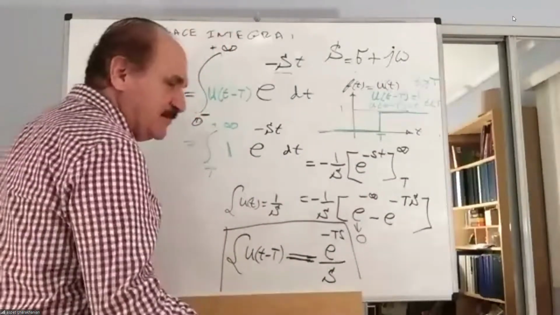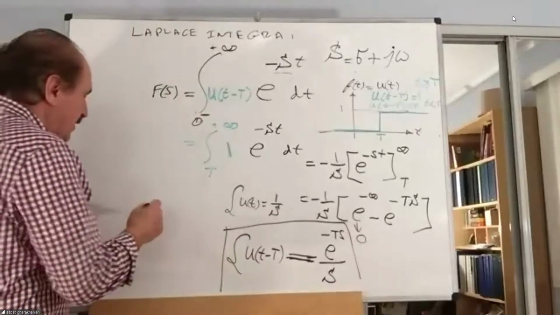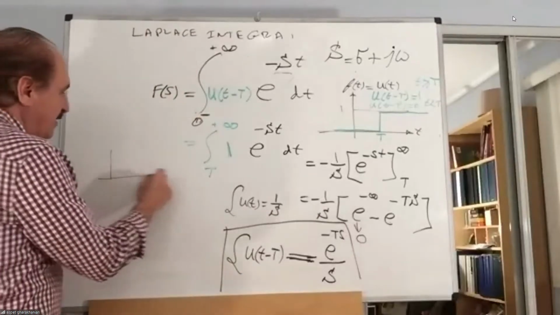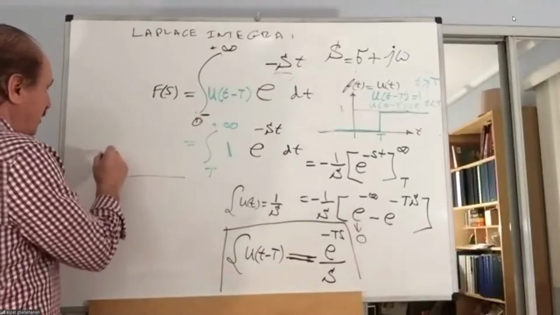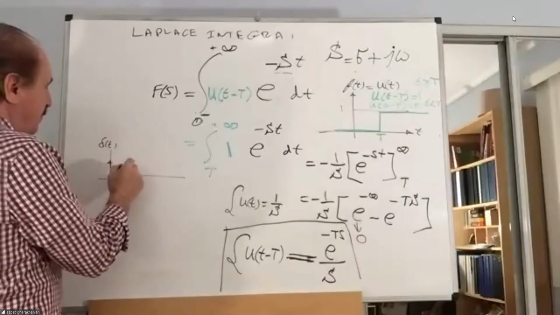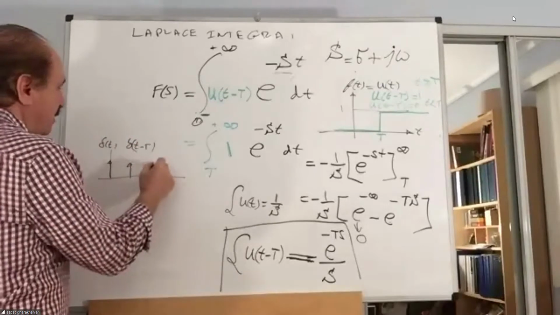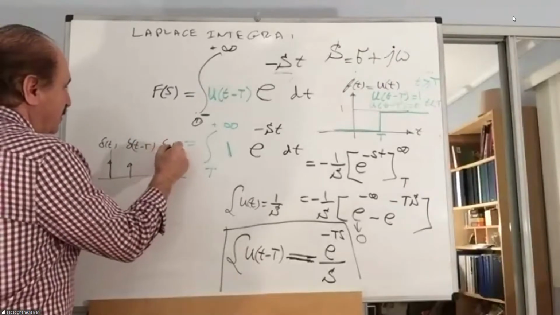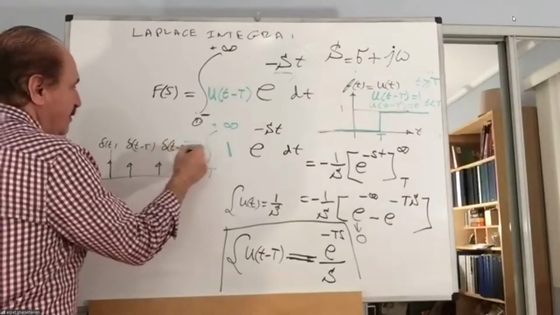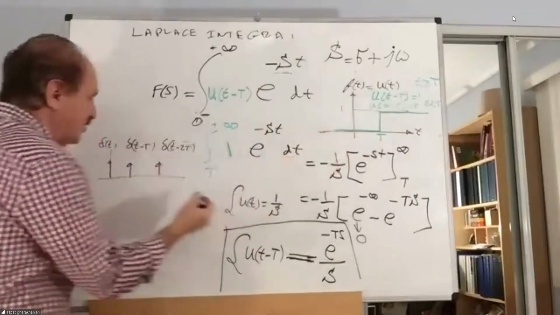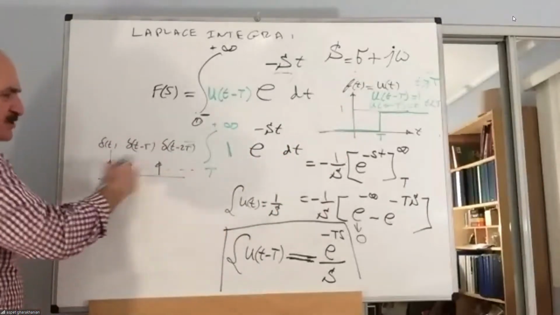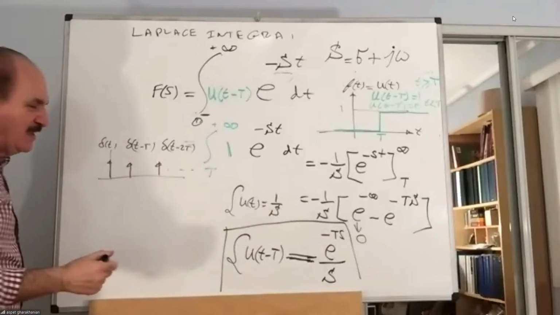For example, suppose you have a train of impulses, delta of t minus T, delta of t minus 2T, minus 3T, etc., a train of impulses. What could be that?